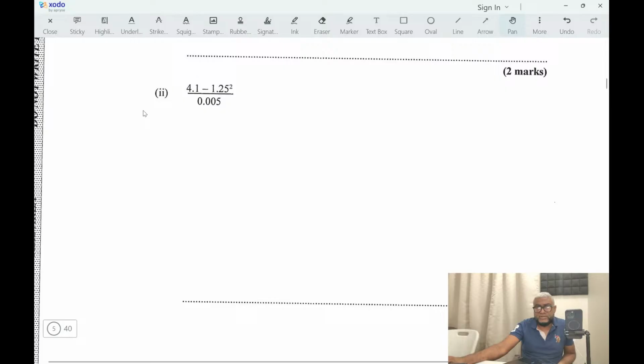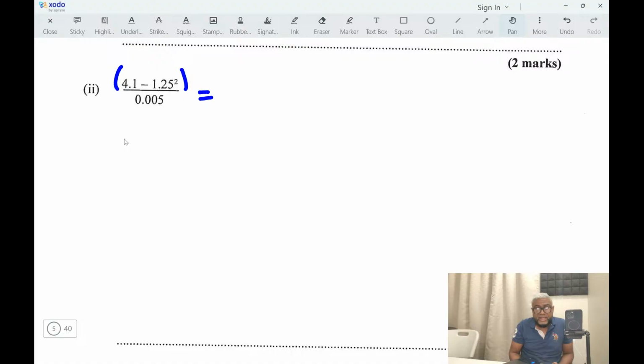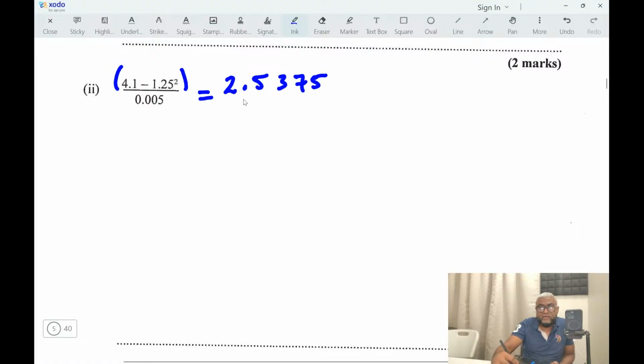Tonight is the last session with questions 1 and 2. Next week, we'll go on to question 3s and 4s. For a question like this, we need to calculate the top first, the numerator. On your calculator, punch in 4.1 minus 1.25 squared, equals 2.5375, all over 0.005.